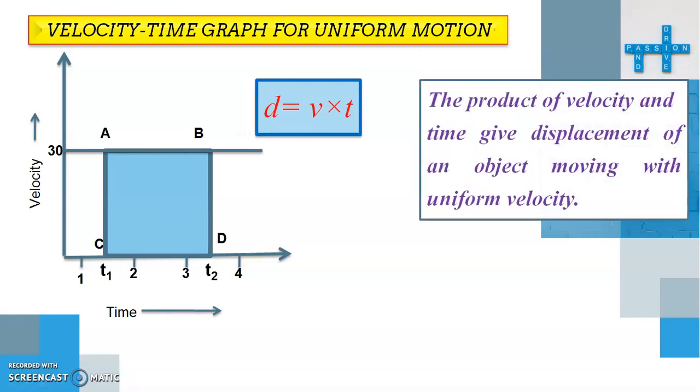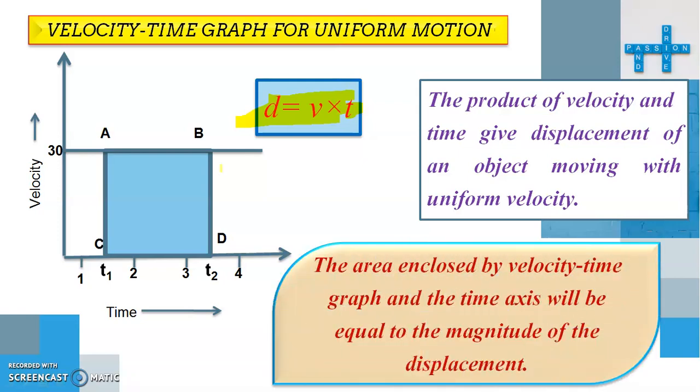Now we know that the product of velocity and time gives us the displacement, that is d = v × t, distance is equal to velocity into time.